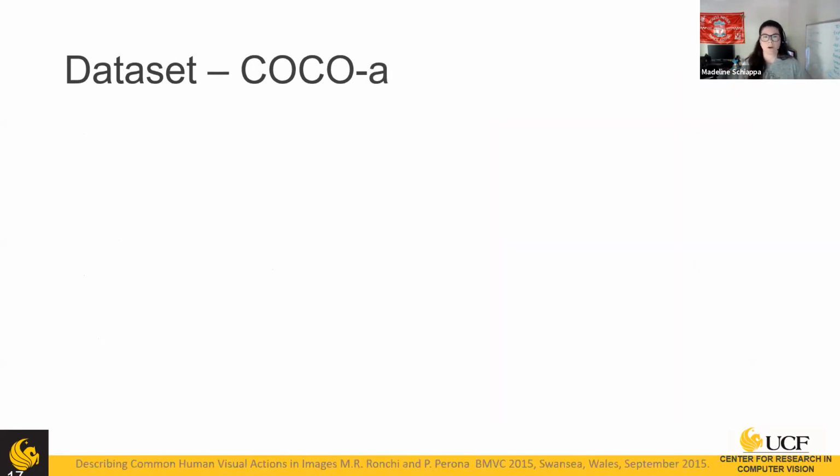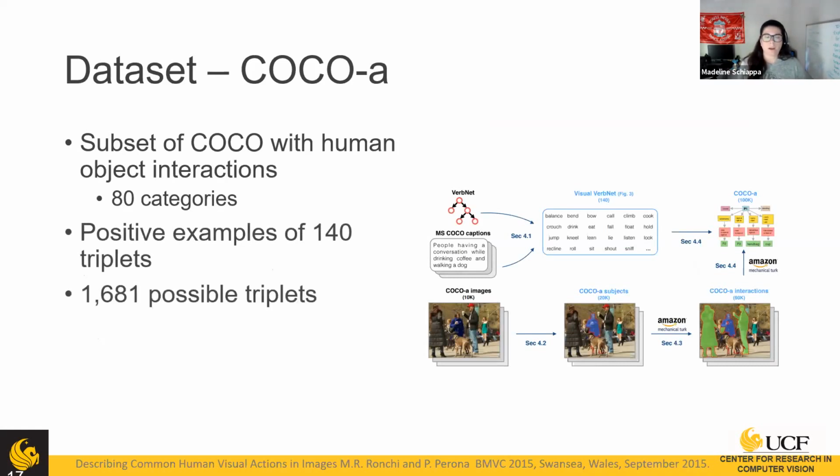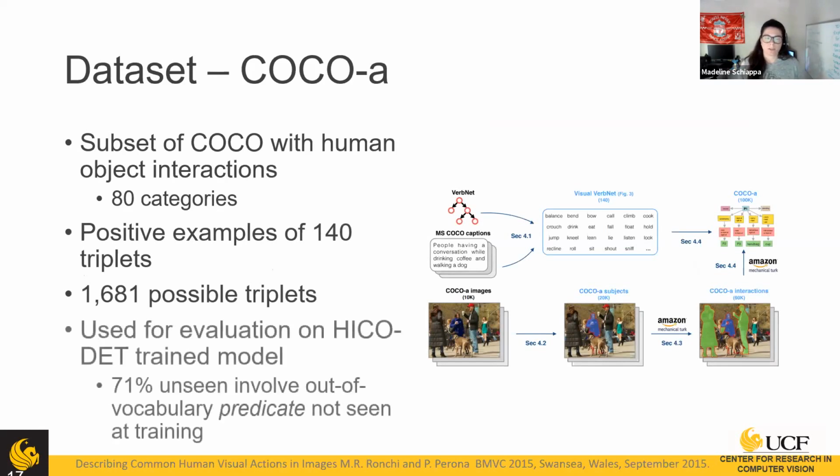They also use COCO-A dataset, which is a subset of COCO with human object interactions, and this also has 80 categories. They have positive examples of 140 triplets with 1,681 possible triplets. They use this for evaluation on the HICODET train model, and this is because they have out of vocabulary triplets. Basically, the predicates are not seen in training, but are seen in evaluation.